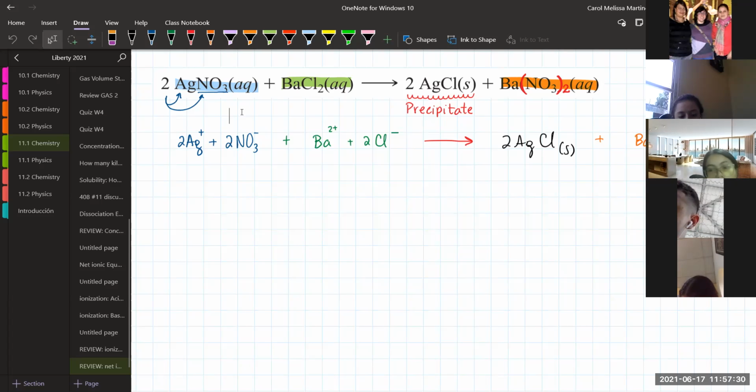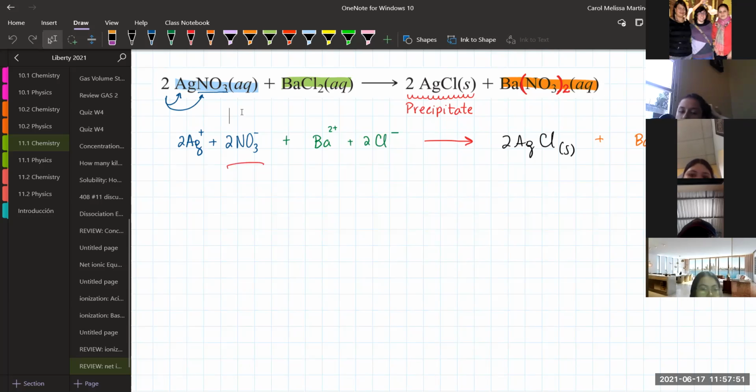No. Okay, now that you get rid of the parentheses, you will compare what are the spectator ions. Can we get rid of Ag plus? No. Can we get rid of nitrate? Yes, we can get rid of nitrate.